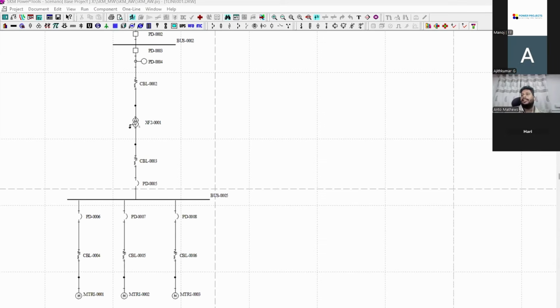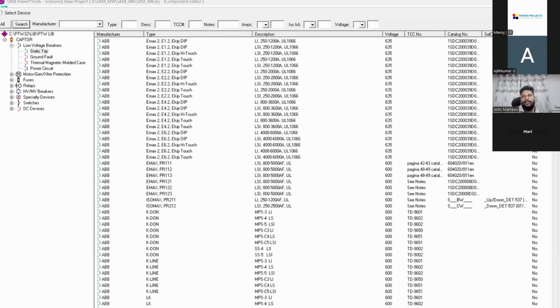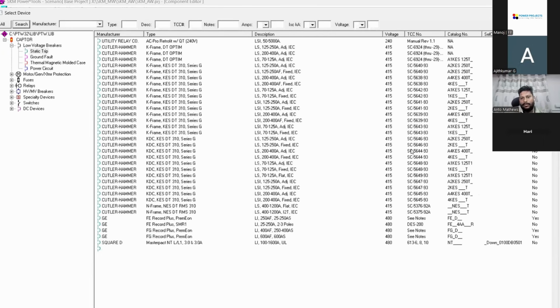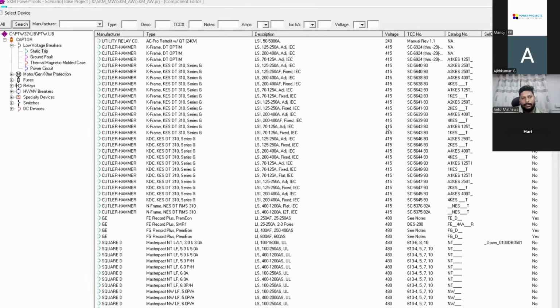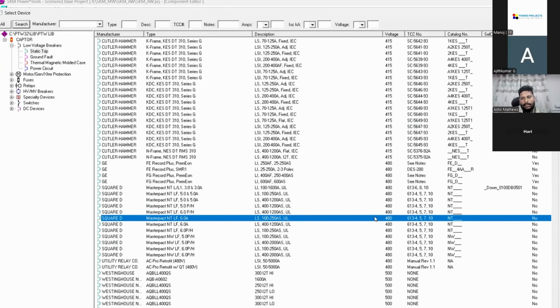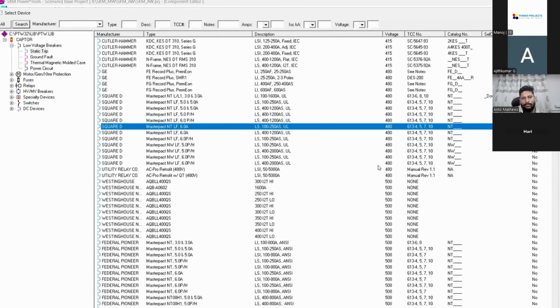So let me have this. I have my existing settings. What I will do is go directly to the breaker and take it from the library. The protective device which I can use is LSI in the voltage level of 480.